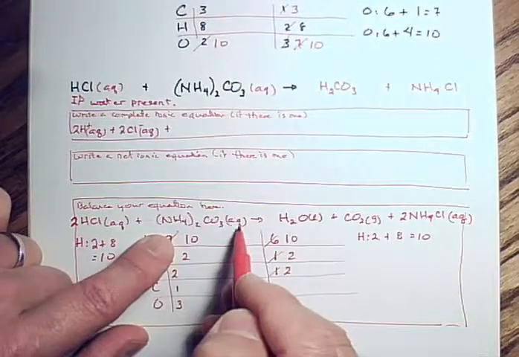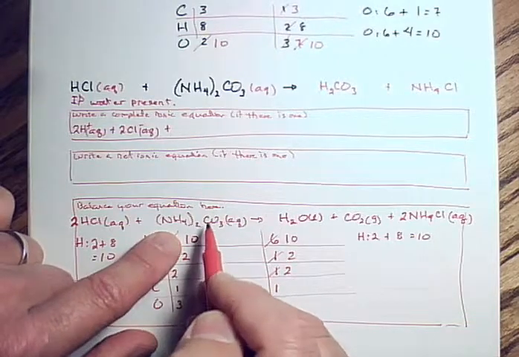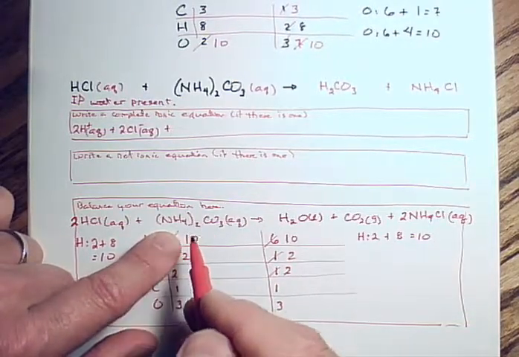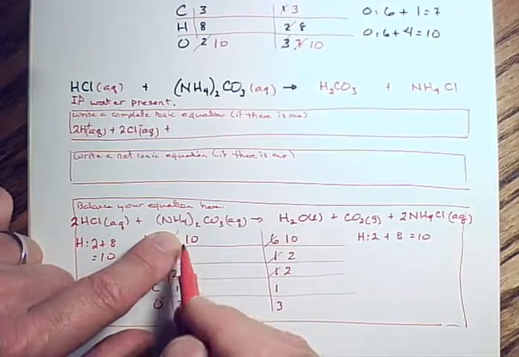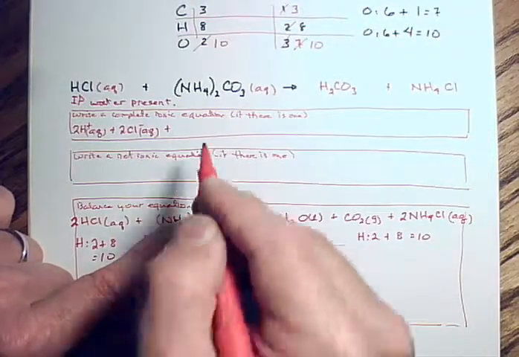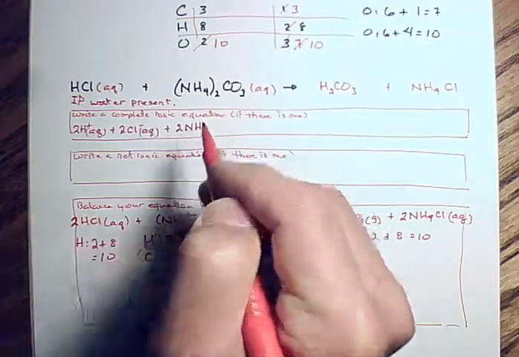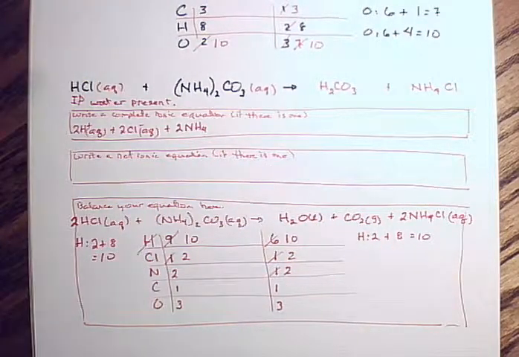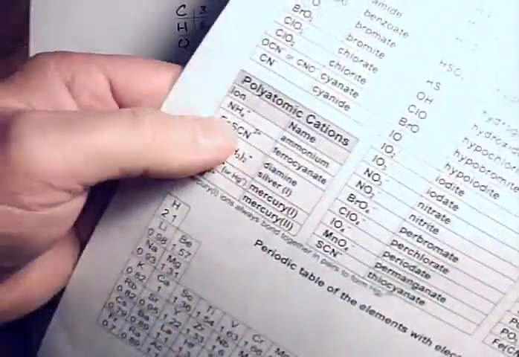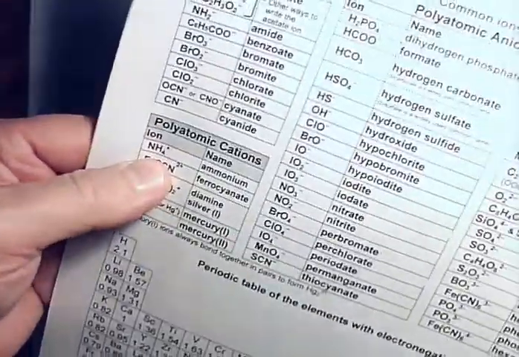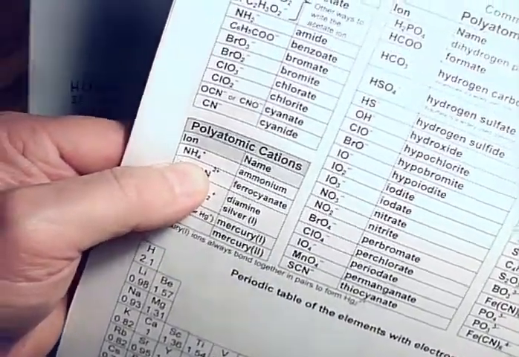All right, this is aqueous, and it's made of 2 polyatomic ions. You keep the polyatomic ions together. Polyatomic ions tend to stay together. I've got 2 ammoniums. If you go back and look at your common ions list, if you didn't know this already, we've used ammonium a lot. I hope you would know it. But if you don't, you can look and see that it's got a 1+ charge.